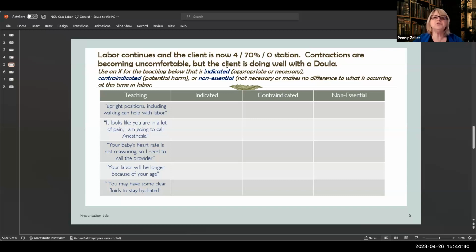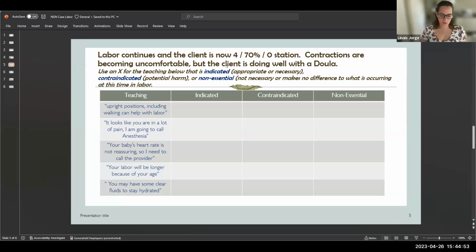Anybody familiar with what a doula is? Yes, Lene? Do you know what a doula is? It's someone that is not a doctor that helps you give birth. Okay, very good. Simply put, but very accurate.